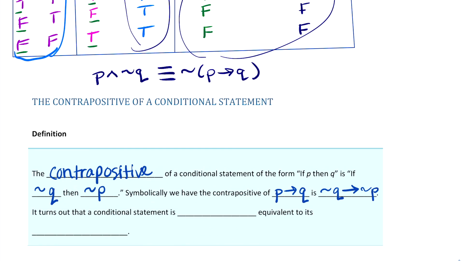So it turns out that a conditional statement is logically equivalent to its contrapositive.